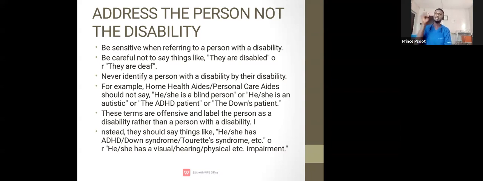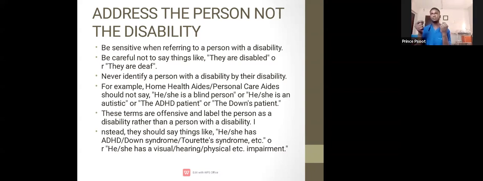So when you call them a disabled person, they see themselves as the disability. So it makes them the disability themselves rather than a person with a disability. So instead, they should say things like he or she has a syndrome, not he or she is an autistic person, he or she is a blind person. They are not fine, they are blind.